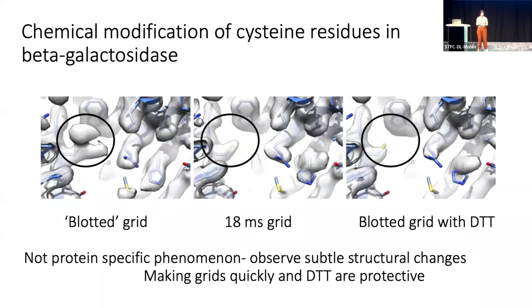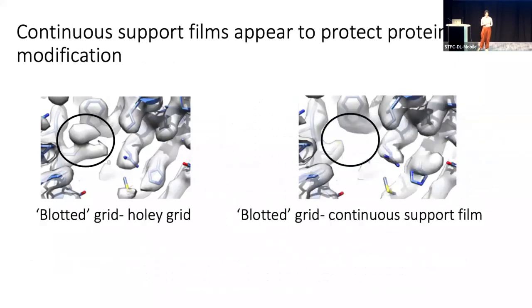And for those of you with beady eagle eyes, you'll see it's not quite as striking as it was in the previous example, but we are seeing some subtle structural changes. So, for example, the histidine rotamer that you can just see towards the south of that image is in a slightly different orientation. Actually, quite a different orientation. So we're seeing these impacts, and we're seeing either subtle or not so subtle structural changes occur as a result of these.